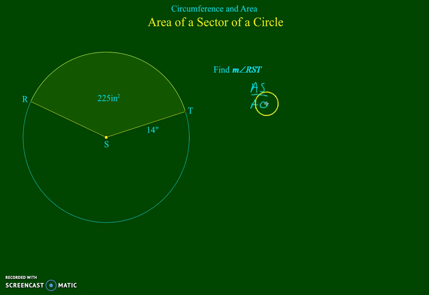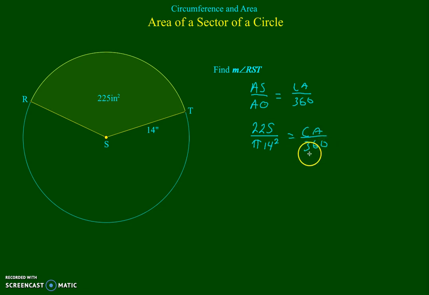That circle with a dot in it just means circle. It's as central angle is to 360. That gives us 225 over pi 14, the radius, squared, as central angle, that's what we're looking for, over 360.